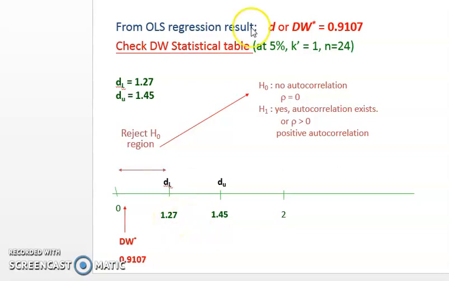What we need to do is compare the test statistic with the critical value. The test statistic falls in this region, which is between 0 and 1.27. Since this is the rejection region, we can reject H null. When we reject H null, we are saying that autocorrelation exists, and here we know that it is a positive autocorrelation.